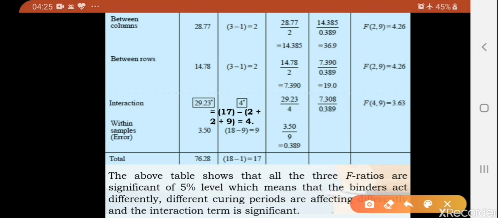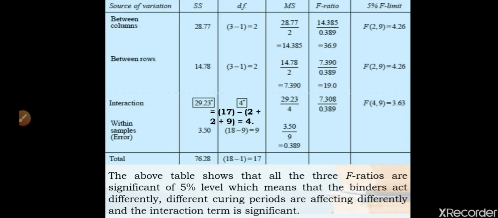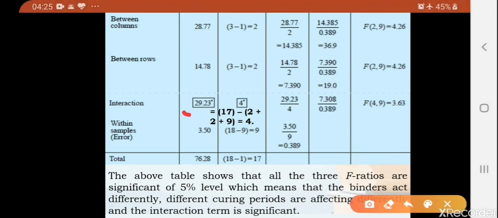So in tabular form we will do the calculations. Here SS is 28.77, which we have calculated. For degrees of freedom, we know it is number of columns minus 1 and number of rows minus 1. For within samples, it is total number minus the multiplication of columns number and rows number, so that is 9. Now for interaction, SS is 29.23. How do we calculate the degrees of freedom?